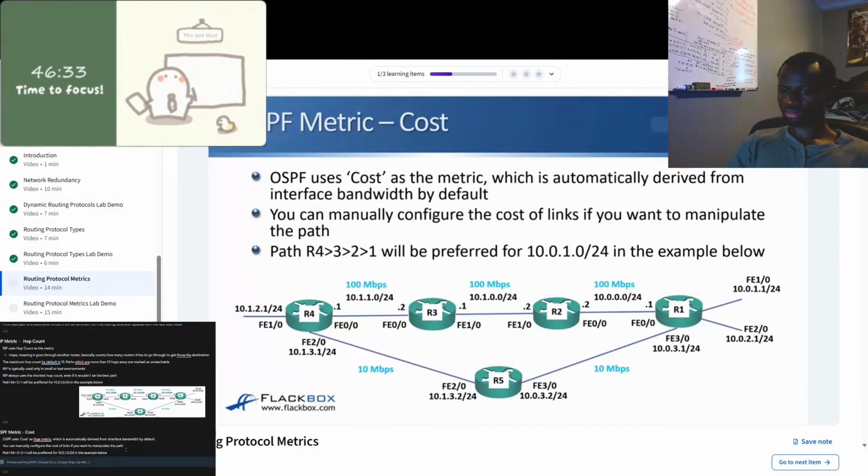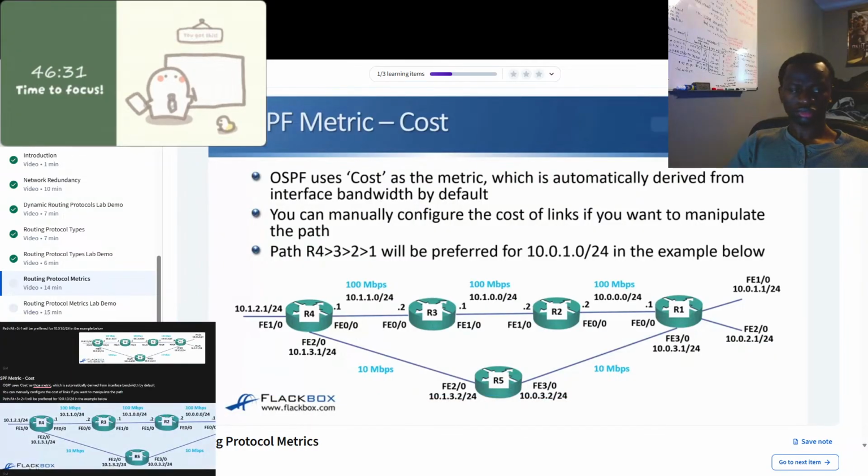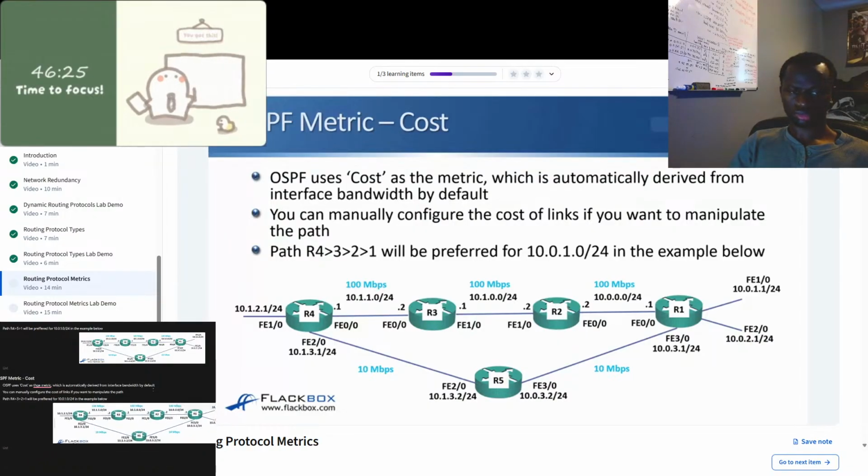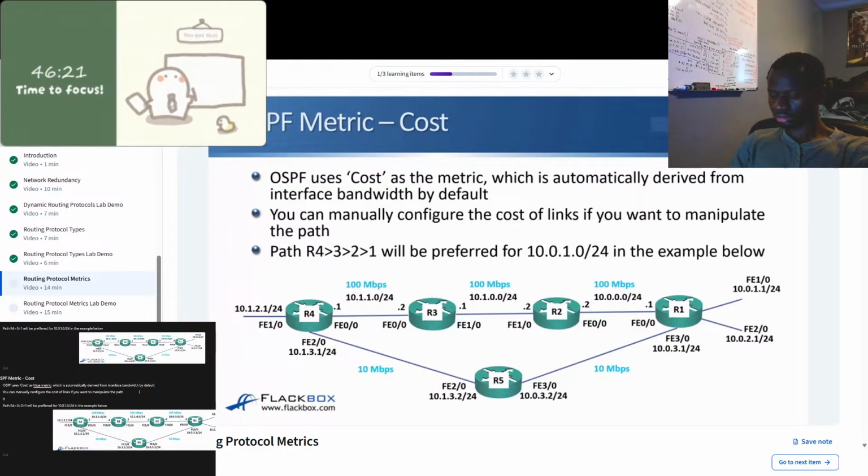And in our example, it is going to prefer the path from R4 to R3 to R2 to R1 for the 10.0.1.0/24 network. So unlike RIP, which used hop count and went along the bottom path, which we didn't want, OSPF is going to use cost, which takes bandwidth into account, and it's going to go along the top path because those links have got much higher bandwidth.